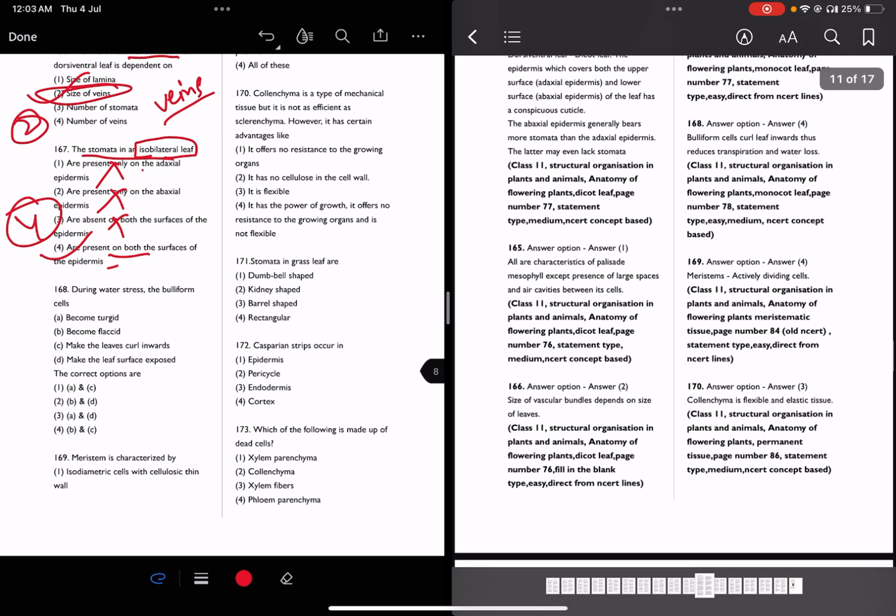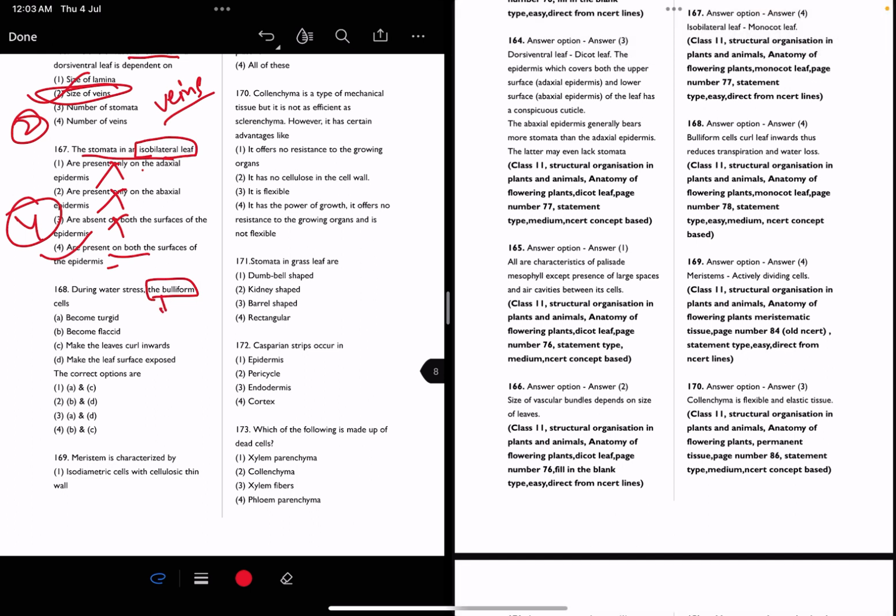Now 168, the bulliform cells. When there is water loss and we want to close the stomata, the bulliform cells become active. Whenever there is water stress and we want to close the stomata due to water loss, the bulliform cells become flaccid, not turgid.